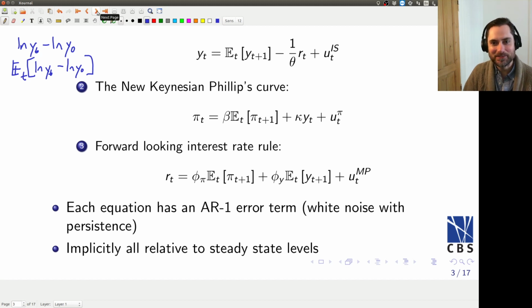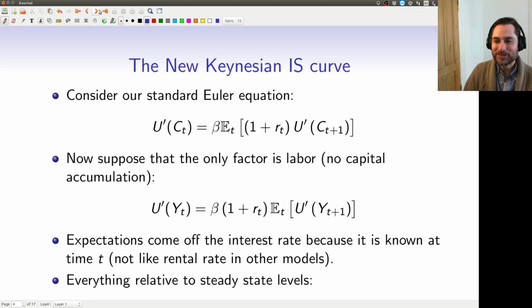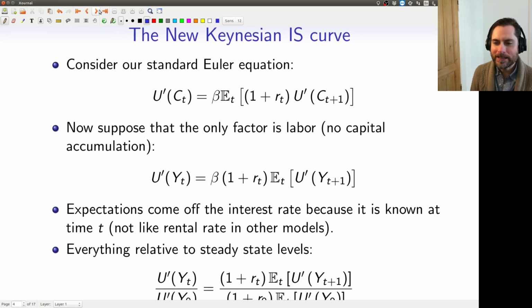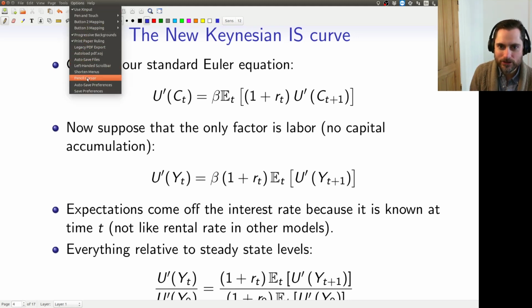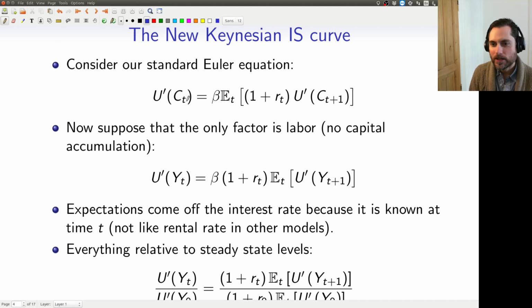I needed to say it because I'm going to use that as a step in the algebra in the next slide. So anyway, now onto the New Keynesian IS curve. If you remember, in many of the models we've derived and analyzed in this class, we end up with an Euler equation that's going to relate, let me turn my cursor here into a pencil so I can point things out, consumption today to consumption tomorrow.